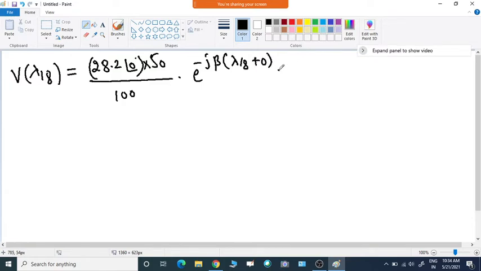L is 0 into 1 plus gamma L, which is nothing but 0.2 plus j 0.4. Okay, so this into e power plus j 2 beta x.